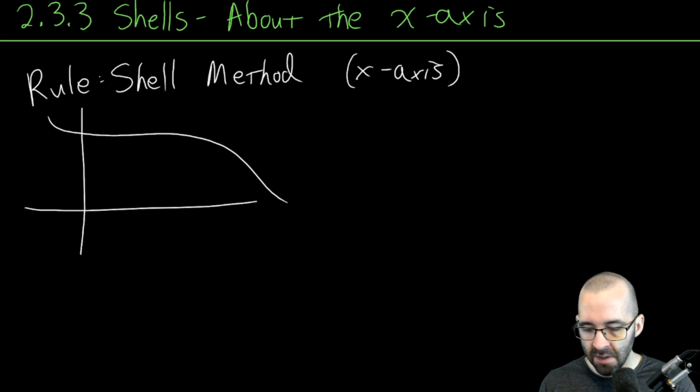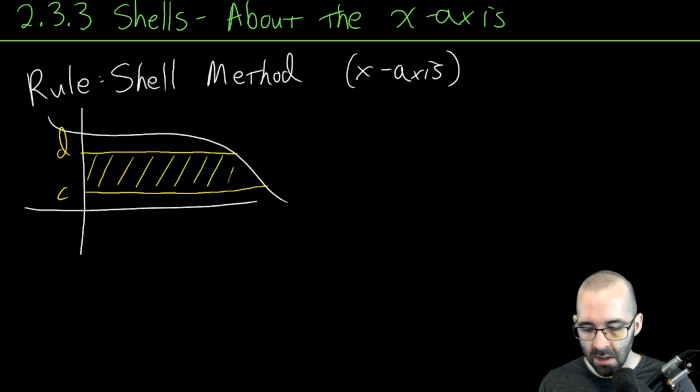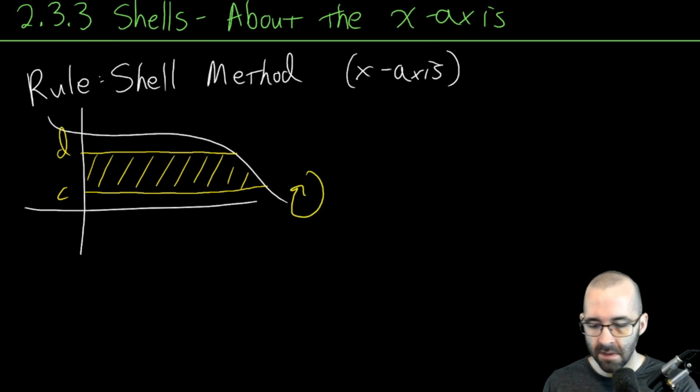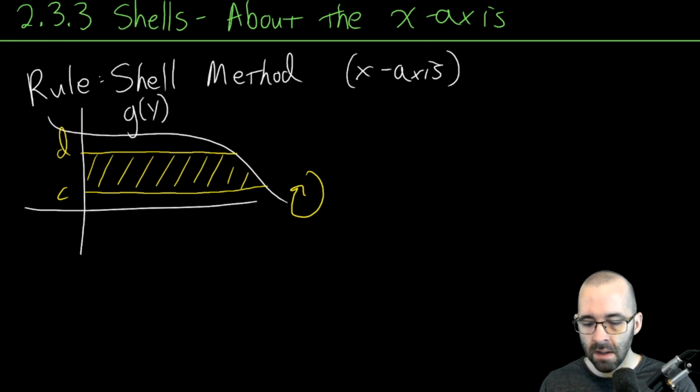Let's say we're looking at this region. Let's use colors. Say this is some d value up here, some c value up here, and this is our region R, and we're rotating it about the x-axis. Well, let's call this some function g of y.